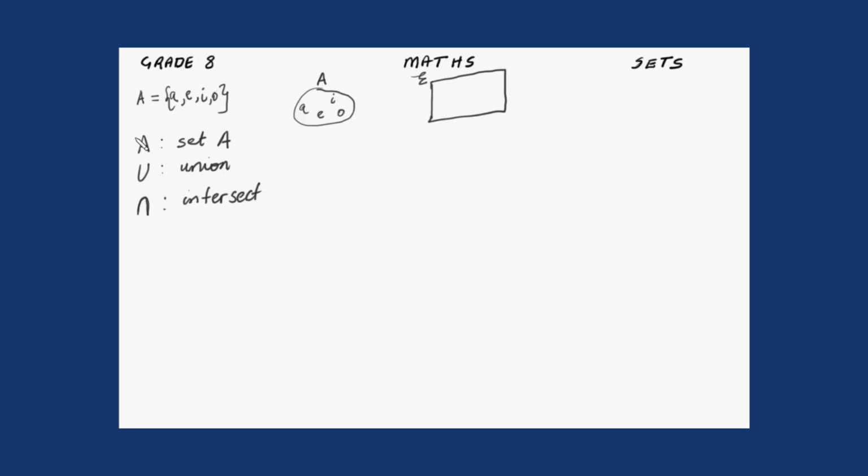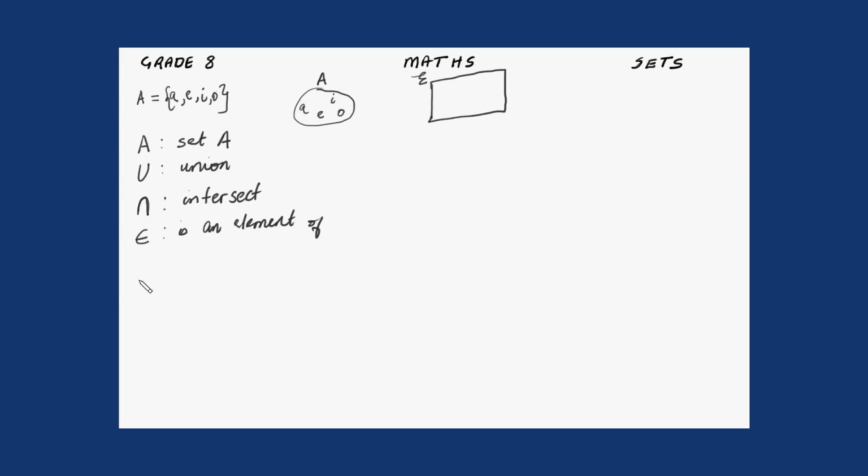This capital letter A stands for set A in this context. Now we have this symbol, guys. This is an element of. When you see that, you just say it's an element of.